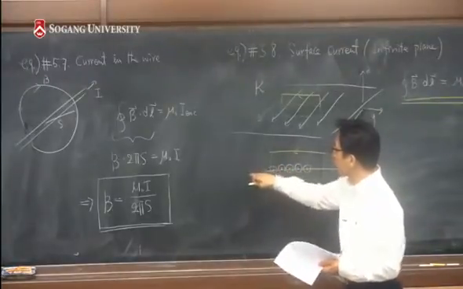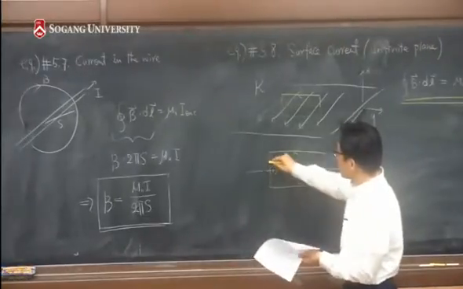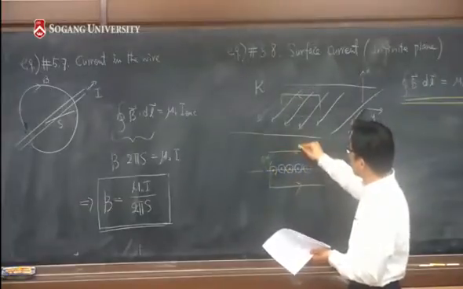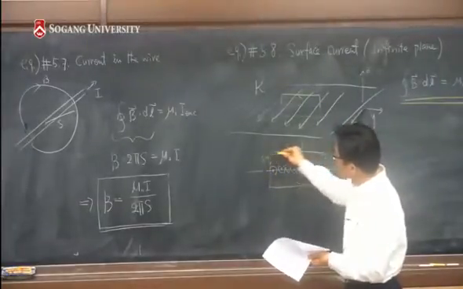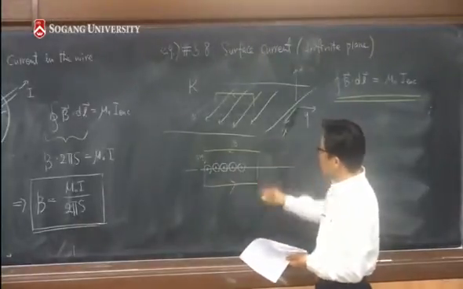So in this direction, the magnetic field will be 0. And in this direction, the magnetic field will be constant along the line. And on this side as well, the magnetic field will be 0.